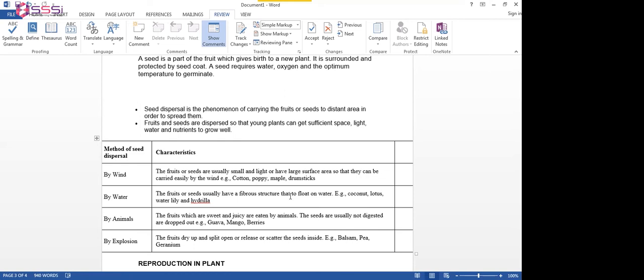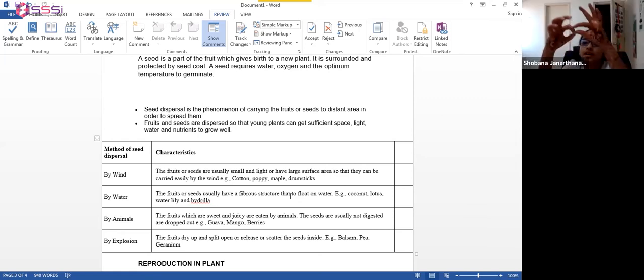It means the fruits or the seeds are small, but the surface area is large, so when they fall on a place where they can grow, the surface area of the seed is broad.